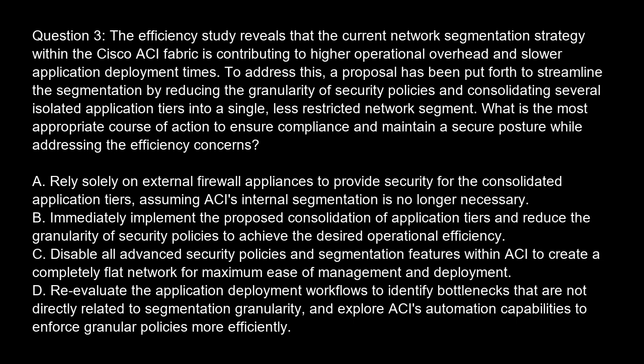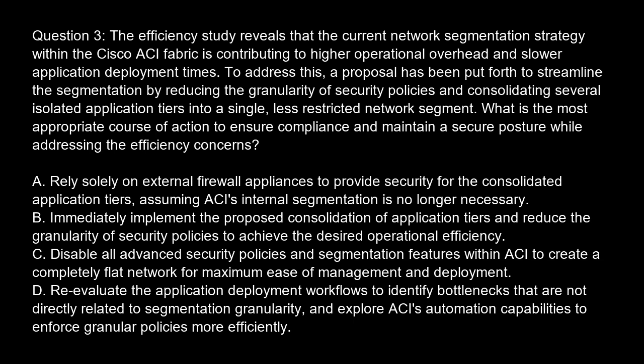concerns? Option A. Rely solely on external firewall appliances to provide security for the consolidated application tiers, assuming ACI's internal segmentation is no longer necessary. Option B. Immediately implement the proposed consolidation of application tiers and reduce the granularity of security policies to achieve the desired operational efficiency.